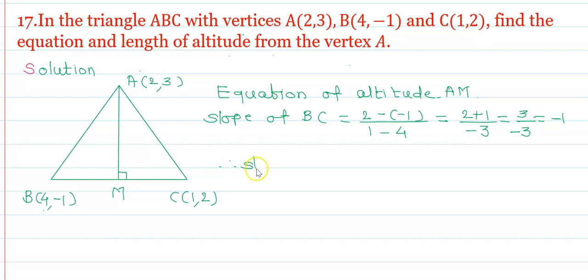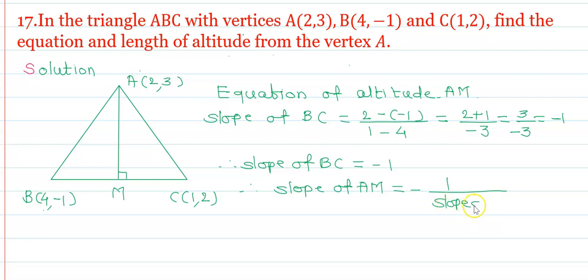Therefore the slope of BC is equal to minus 1. Therefore the slope of AM is equal to minus 1 upon the slope of BC.